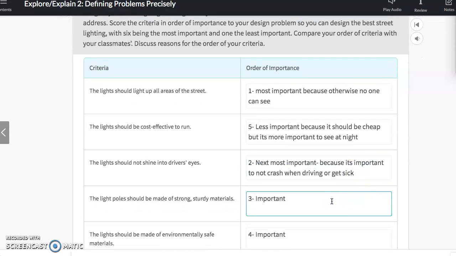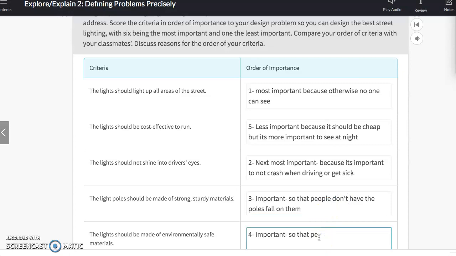Light poles should be made of strong material, important so that people don't have the poles fall on them. So that people don't get sick from being near the light pole.